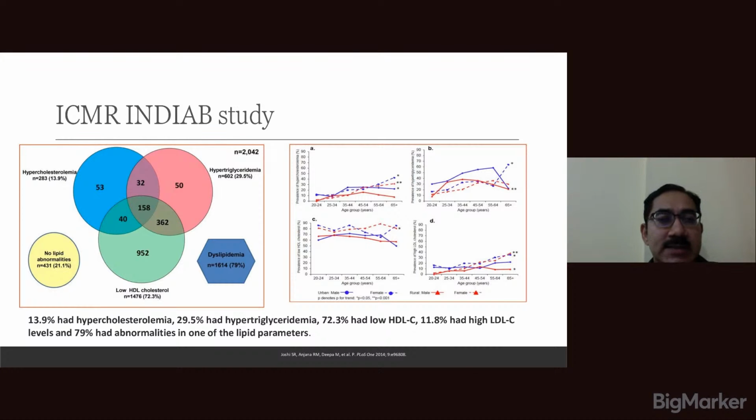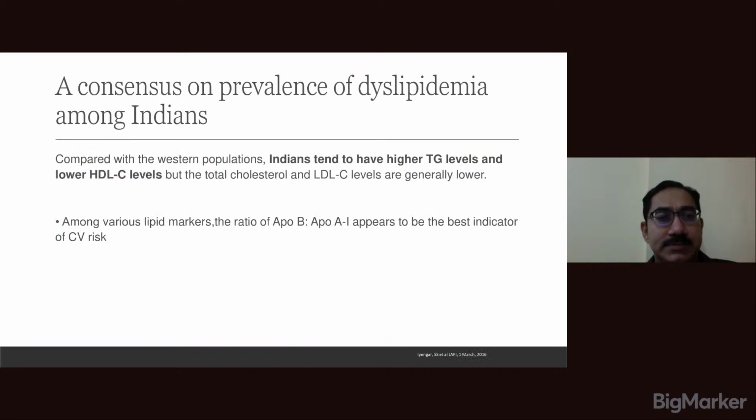This is a very high incidence of dyslipidemia in the Indian setup. A consensus on the prevalence of dyslipidemia has been arrived at: compared to the Western population, Indians tend to have higher triglycerides and lower HDL, but comparatively lower total cholesterol and LDL. Among various lipid markers, the ApoB to ApoA1 ratio appears to be the best indicator of risk in Indian patients.